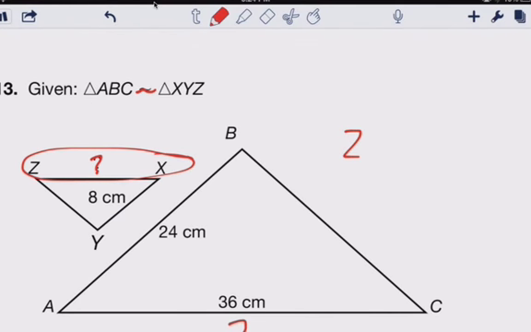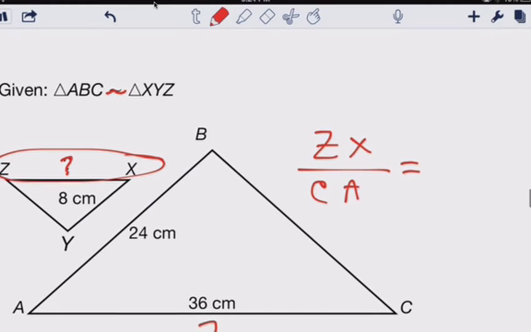So that's ZX over CA. Okay? That is congruent to ZX. So I'm assuming it goes to here. This thing isn't very clear. So let's see.